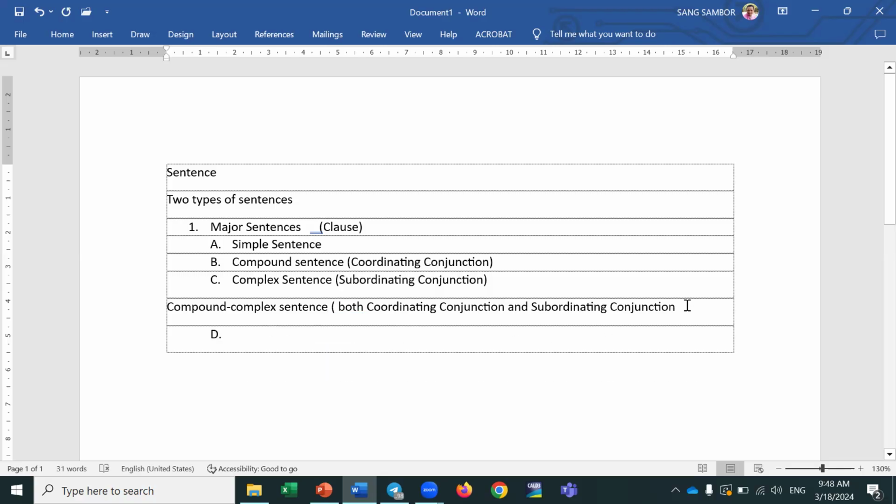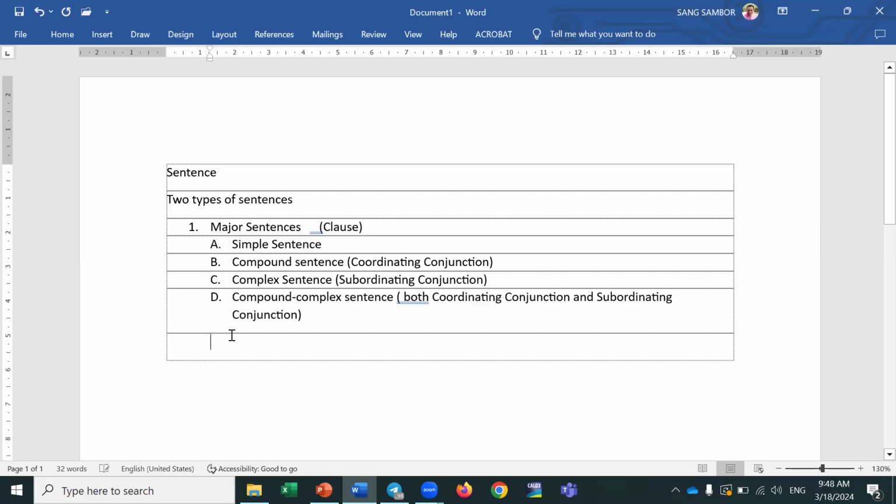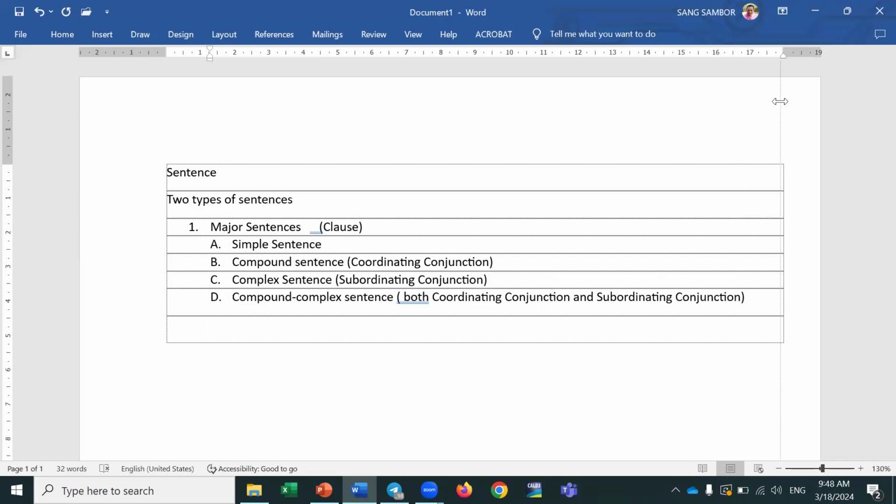Both coordinating conjunction and subordinating conjunction forming a compound complex sentence. You understand now, right?